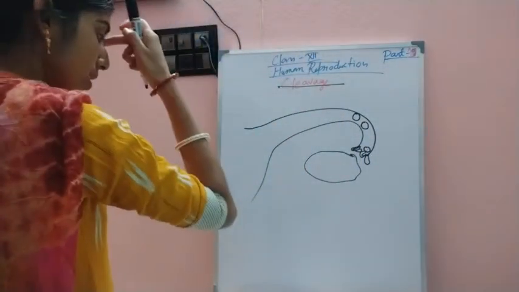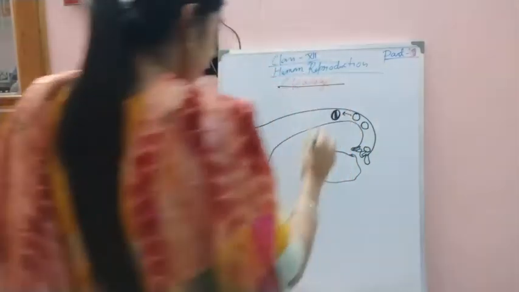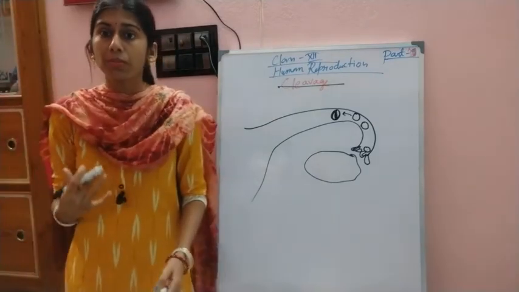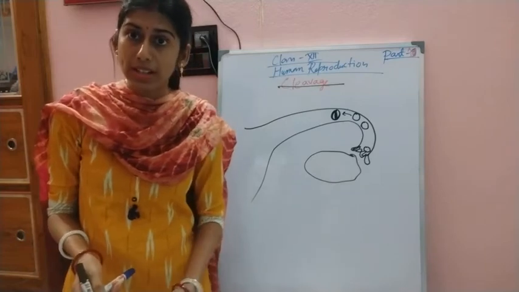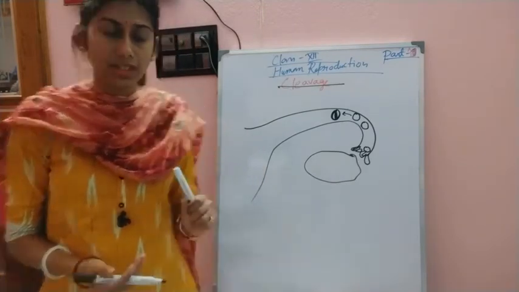After that there will be a stage called two cell stage. After fusion of male and female nucleus, they will form a diploid zygote, that is one cell stage, and after that by mitotic division they will form two cell stage.